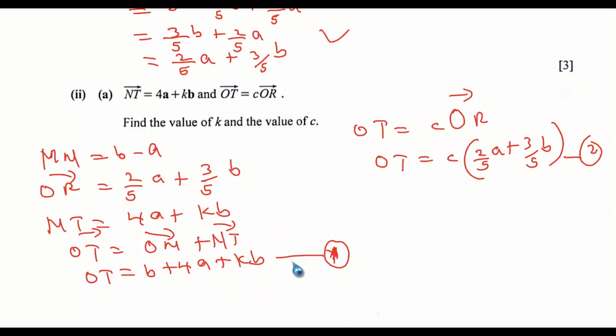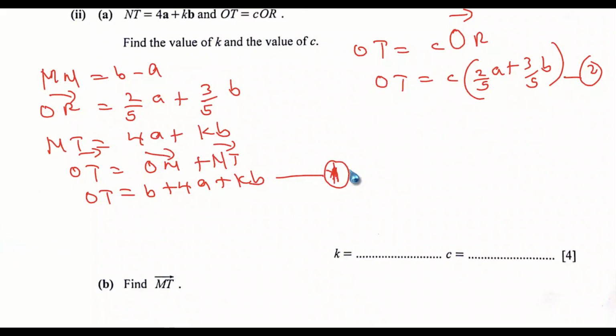So we have OT equal to this in equation 1 and OT equal to this in equation 2. That means we can equate equations 1 and 2. From equation 1, we have b plus 4a plus kb equal to, let's expand this bracket, 2c/5 a plus 3c/5 b.